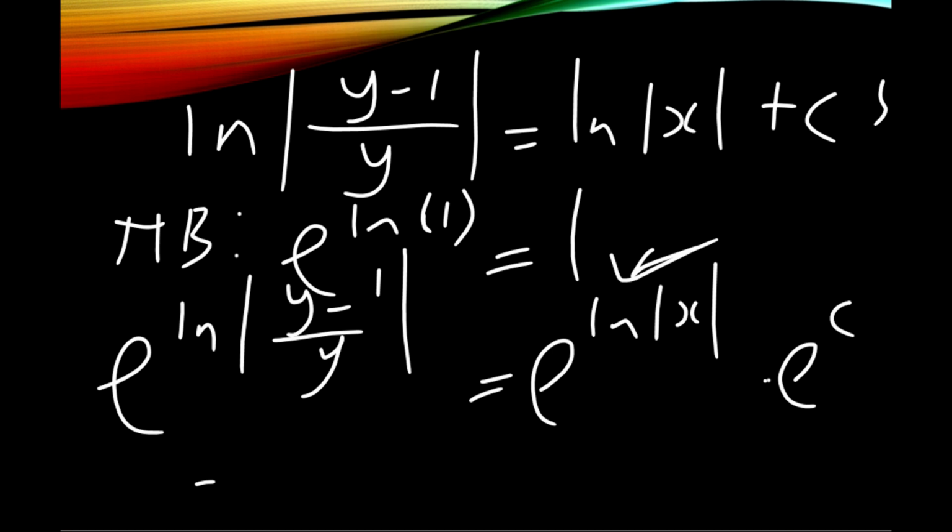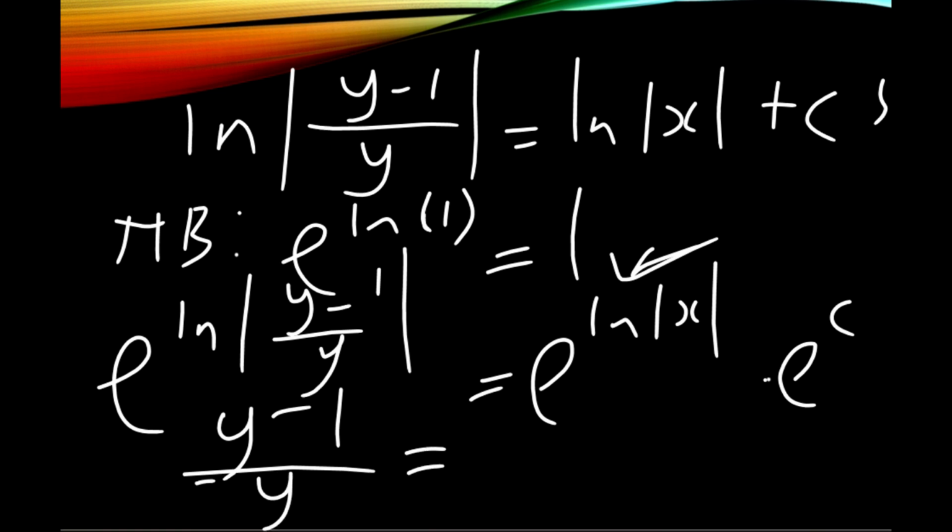Since e to the power ln gives us 1, then y minus 1 over y is equal to x multiplied by e to the power c.